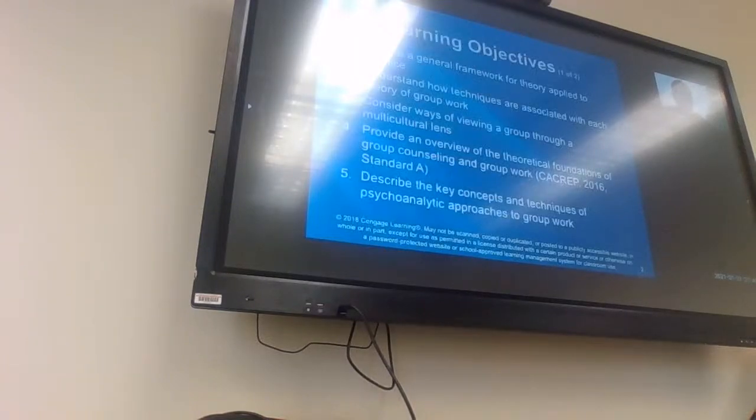So here we go. In terms of learning objectives for today's particular lesson, I'm going to provide you a general framework for theories and apply it to practice. We're going to understand how techniques are associated with each theory. We're going to consider ways of viewing groups through multicultural lenses. We're going to understand foundations of group work.